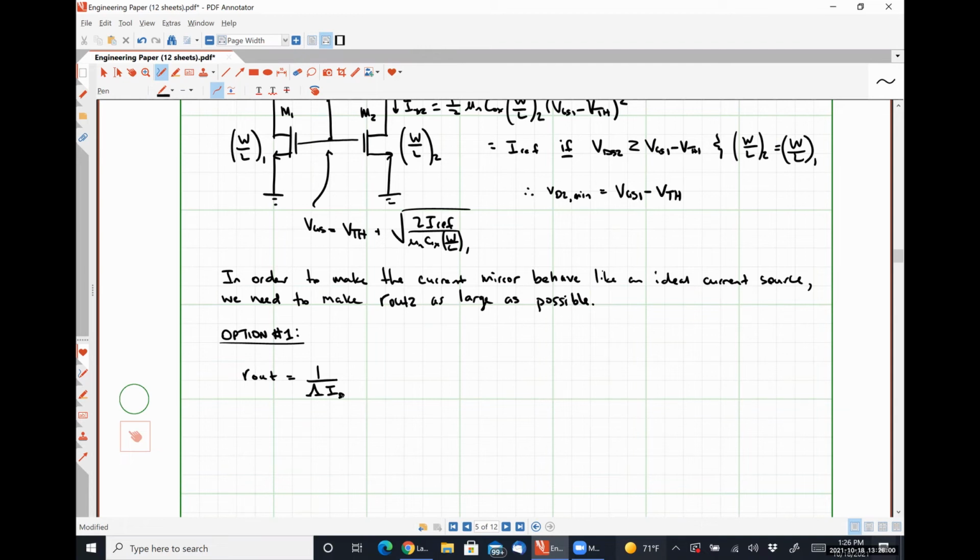For a very short channel device, it doesn't take a whole lot of excessive overdrive voltage to move that pinch off location by a significant amount. But if we make the channel longer, it takes a very, very large value of VDS to cause that channel length to shorten, right? So if we make our channel longer, we decrease lambda.